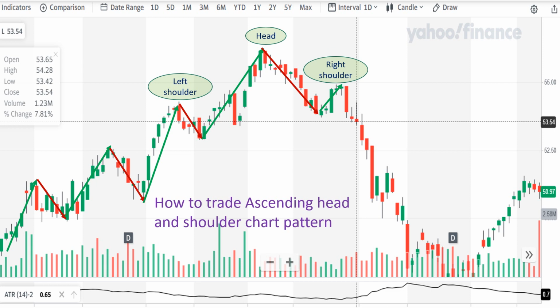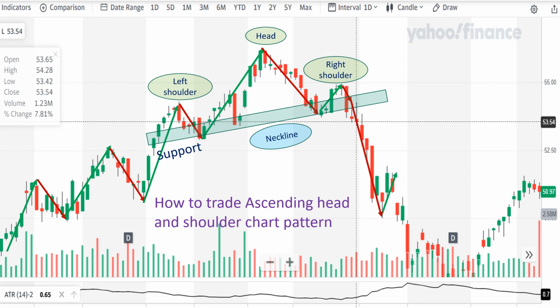Now it's easy to draw the neckline by connecting these two higher swing lows, and the neckline is going to look like this. After that, the price is going downward, breaking the neckline and going all the way down.